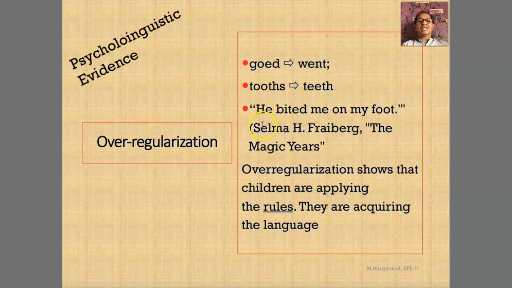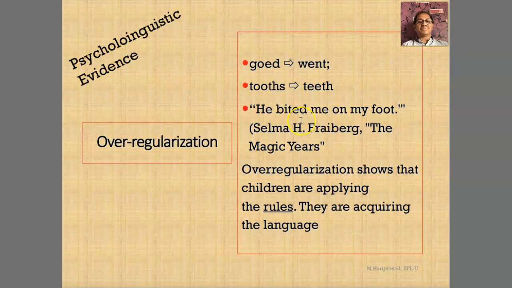In an experiment, Fromkin also got data. The child said he bitted me on my foot, or bited. Bite has an irregular past tense, but the child uses bitted.